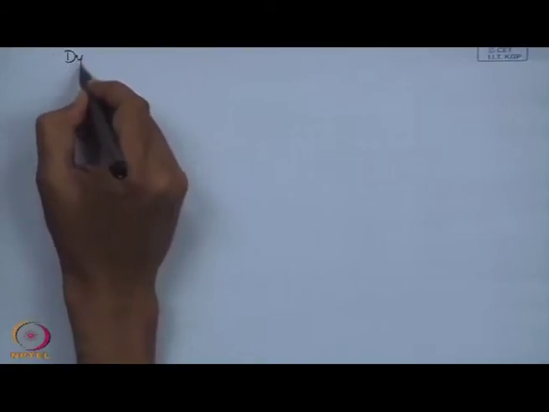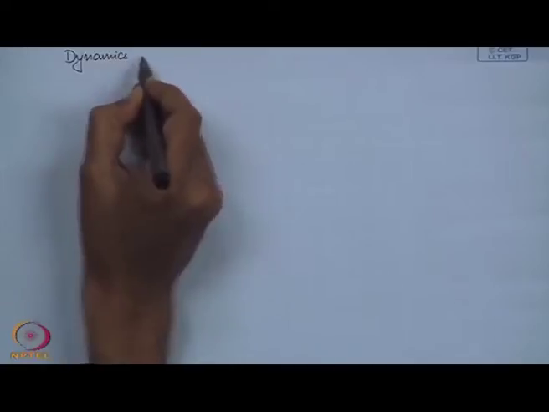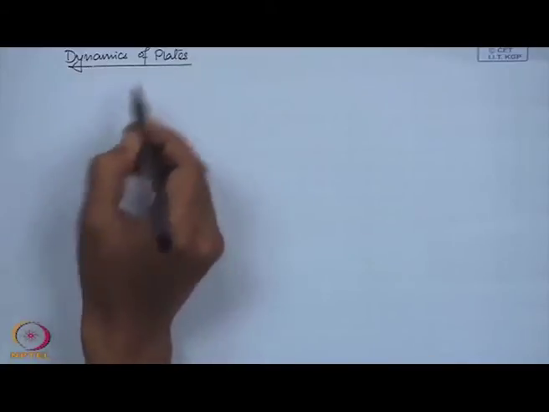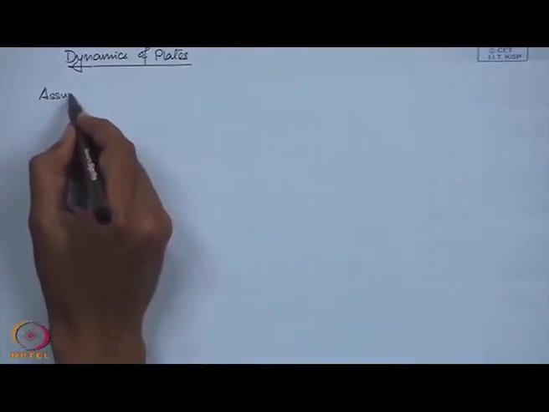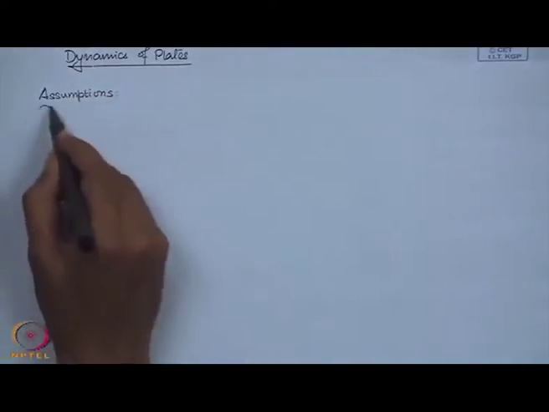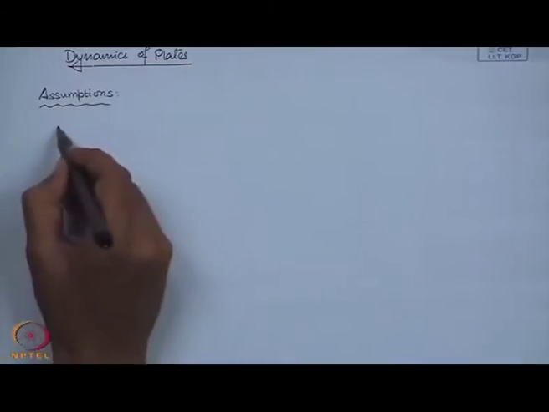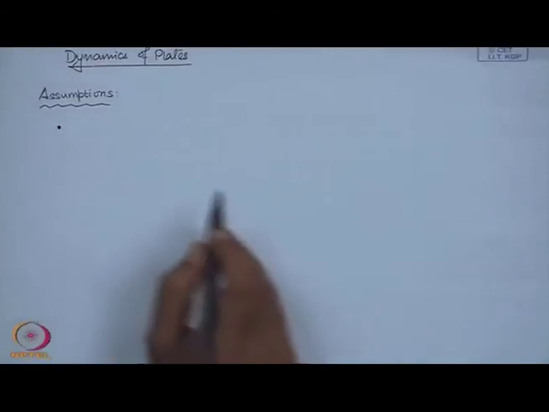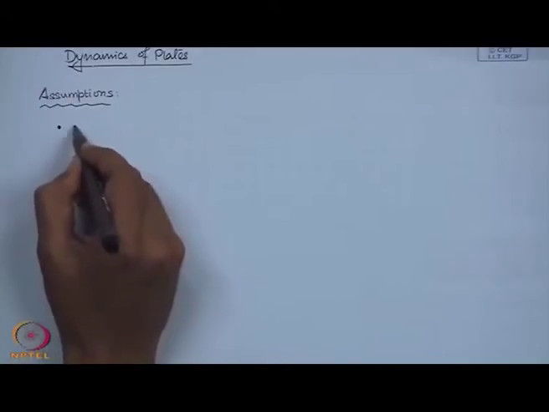What assumptions do we make to simplify our model? The first thing that we assume is that there is a plane or there are fibers which are unstretched. These are called neutral fibers.